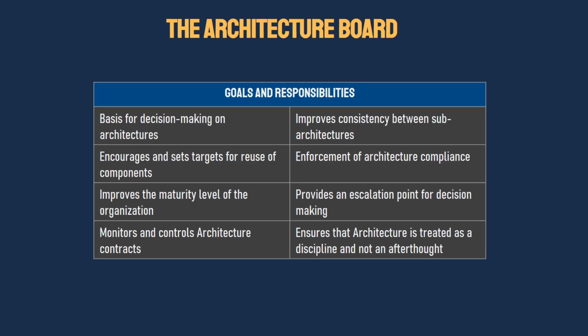The goals and responsibilities of the architecture board include a basis for decision making on architectures, improving the consistency between sub-architectures, encouraging and setting targets for the reuse of components in the library, enforcing compliance, improving the maturity level of the organization, providing an escalation point for decision making, monitoring and controlling architecture contracts, and finally ensuring that architecture is treated as a discipline and not an afterthought.